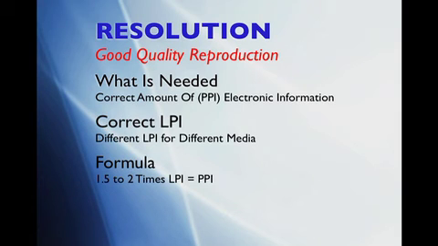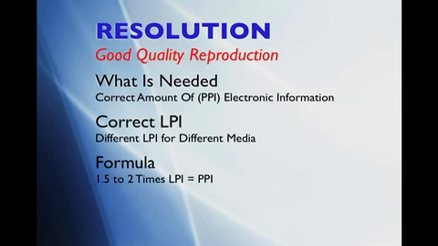1.5 to 2 times the LPI is going to tell us what the proper resolution, or pixels per inch, in Photoshop ought to be. And as you can see, it's a slight range. 1.5 times the LPI is the low end.